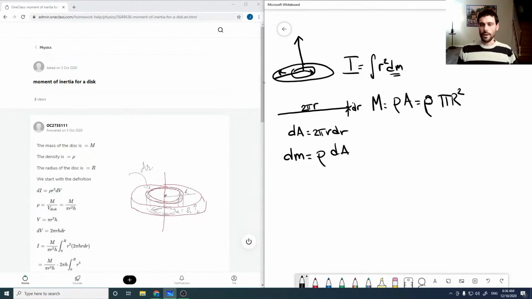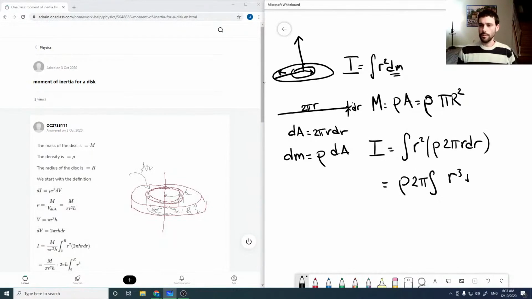Okay, so if that's our area segment, then now we can say that our moment of inertia is the integral of r squared times rho 2 pi r dr, which is rho times 2 pi integral r cubed dr from 0 to R, as we're integrating from 0 out to the full radius.